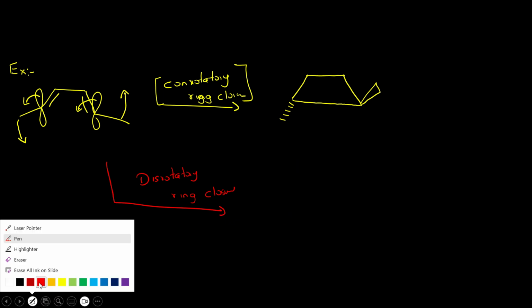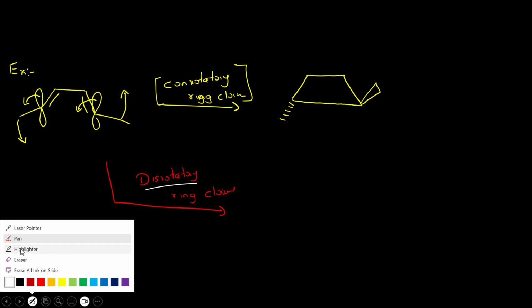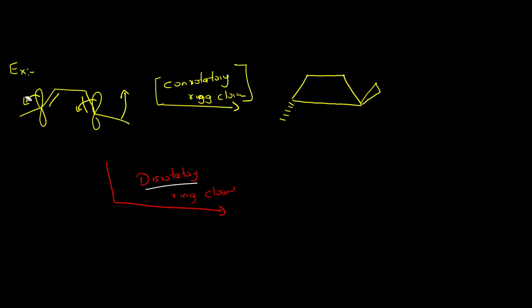So if we are talking about the disrotatory ring closure, disrotatory means the opposite direction. Now if I consider the rotation of these orbitals, here it should be the same direction. Sorry, it should be the opposite direction. Disrotatory means it's the opposite direction.